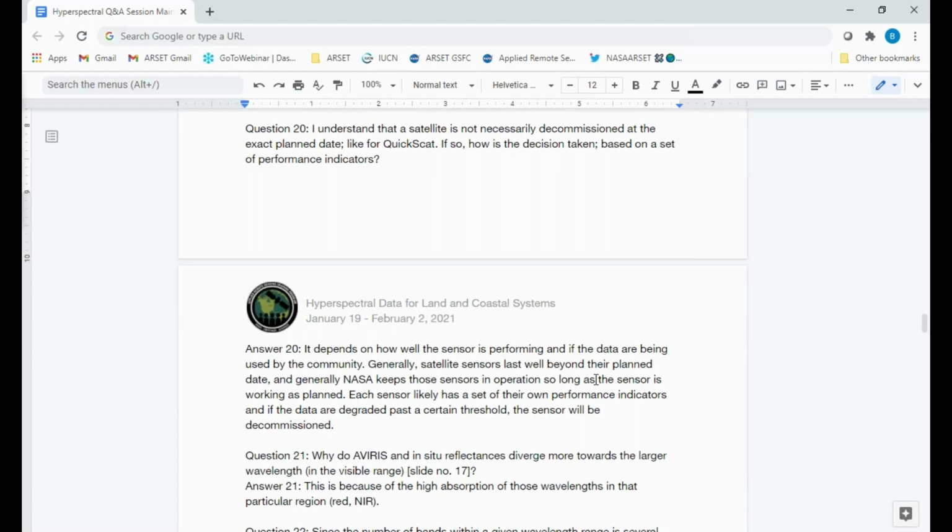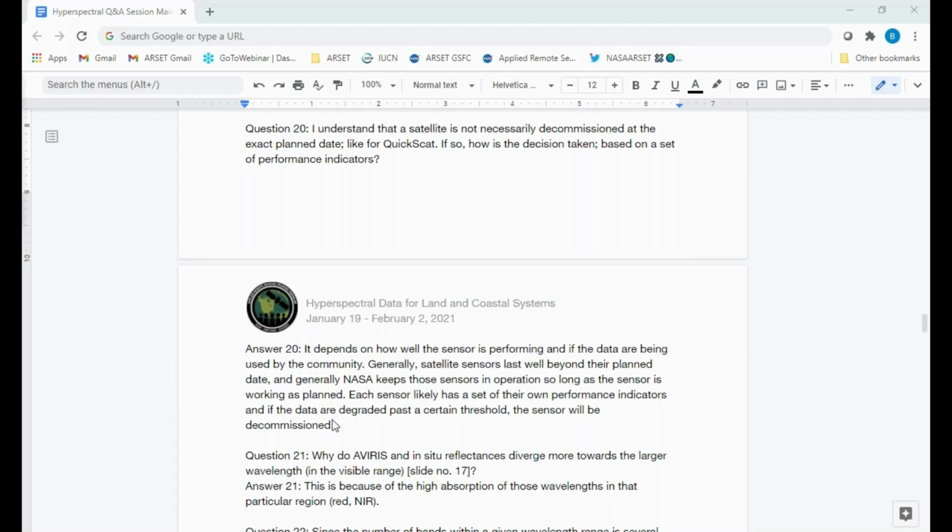A satellite is not necessarily decommissioned at the exact planned date, like for QuikSCAT. If so, how is the decision taken, based on a set of performance indicators? Yes, it depends on how well the sensor is performing and if the data are being used by the community.